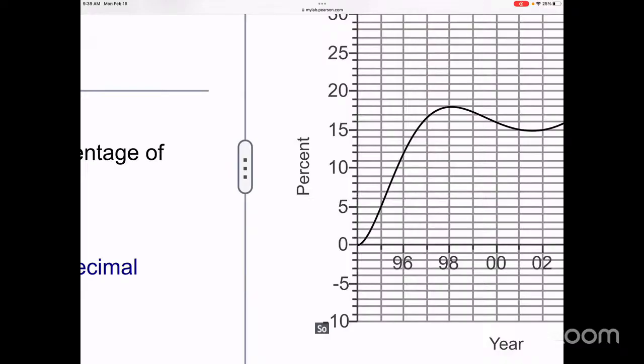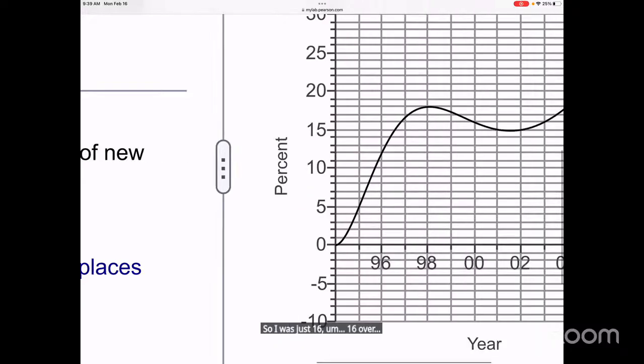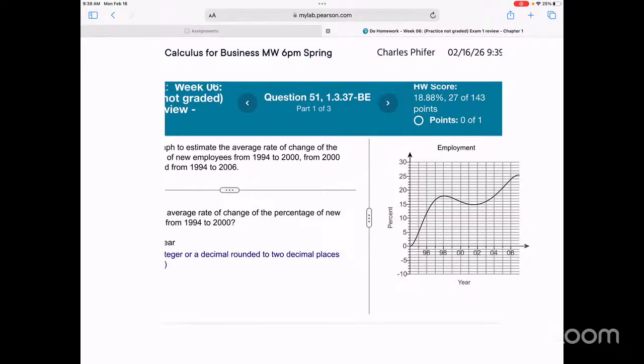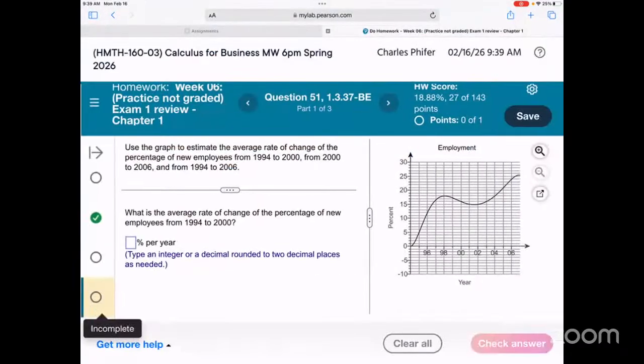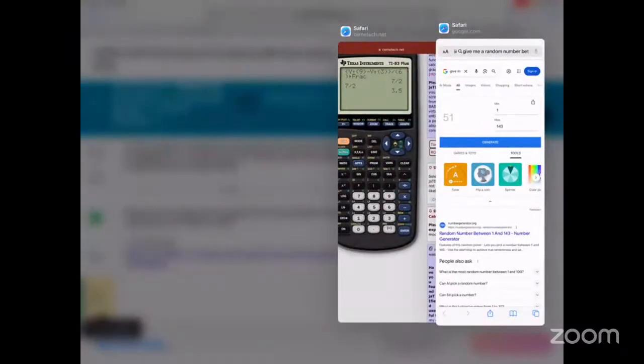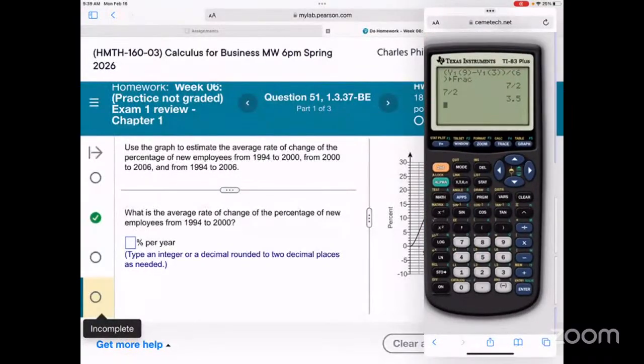So it was just 16 over 4 and 6. 16 divided by 6, whatever that number is. Two decimal places, so 2.67% per year.